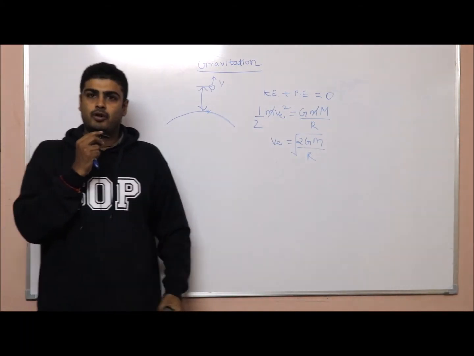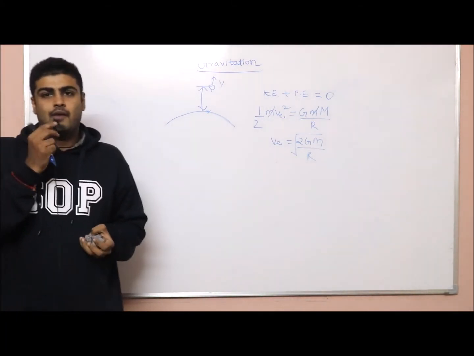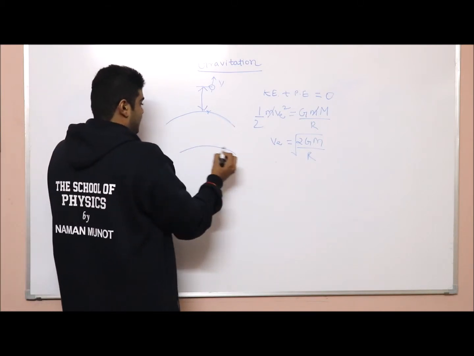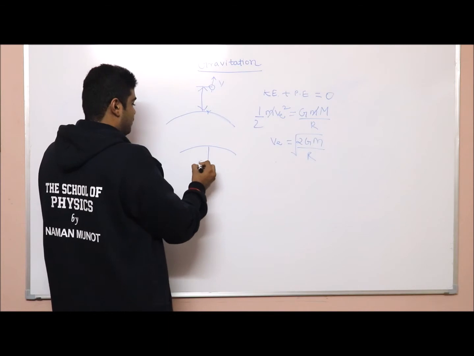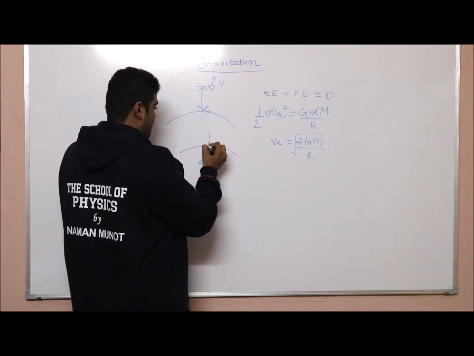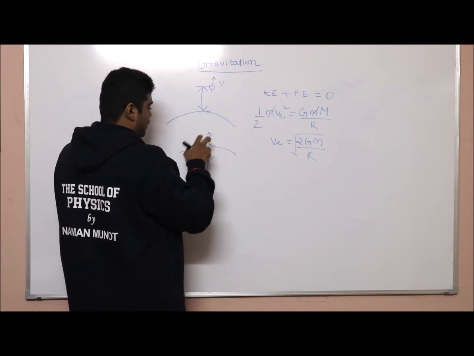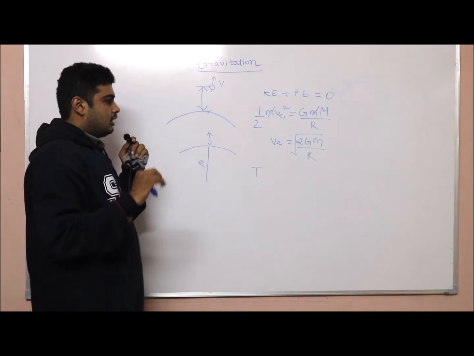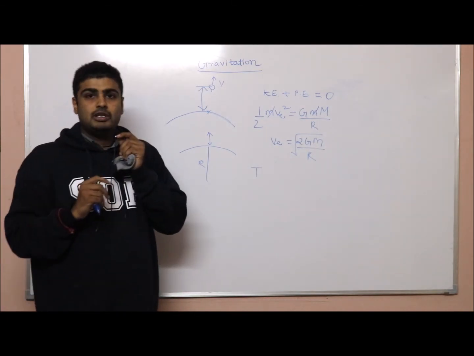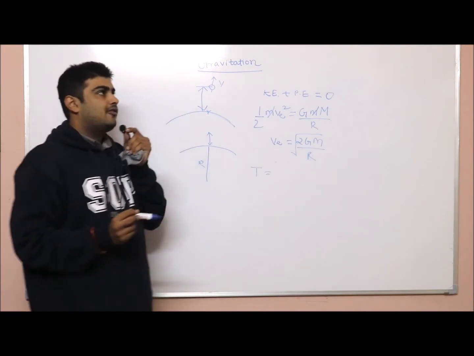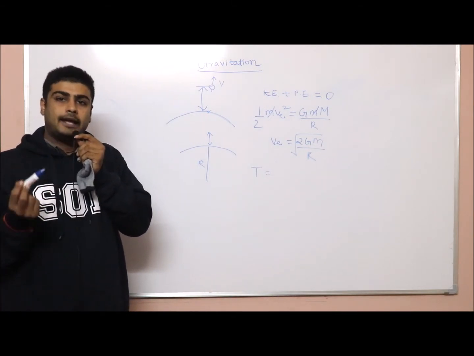The next thing that we are going to talk about is time period. So you have to remember the formula of the time period. If there is a satellite which is revolving around the Earth at a distance of h from the Earth, if it is revolving on the surface of the Earth, the formula for the time period of revolution of the satellite around the Earth is very simple. In a pendulum, you know the formula of time period, it's 2 pi under root L upon g.